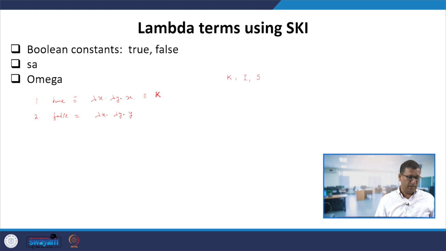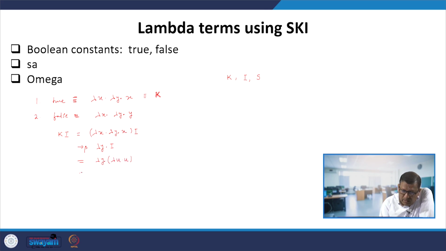So, how to get the term for false? At the beginning you may find some difficulty, but when we gain some experience, we can do it quite easily. Let us say we start with K, and now let us do K of I. K of I beta reduces to lambda y dot I, which is lambda y dot lambda u dot u.